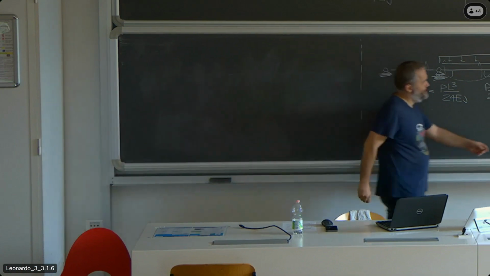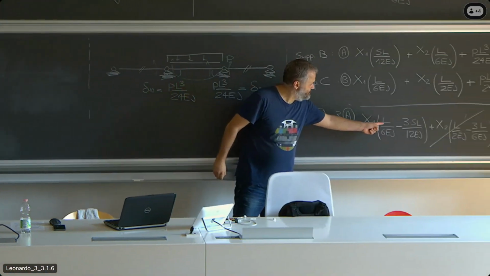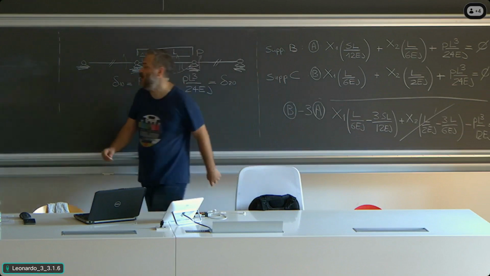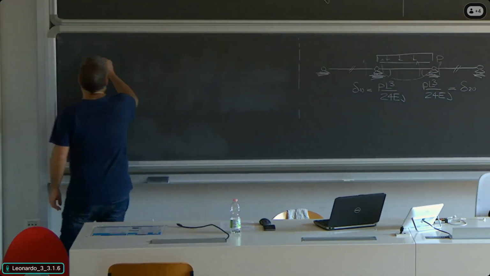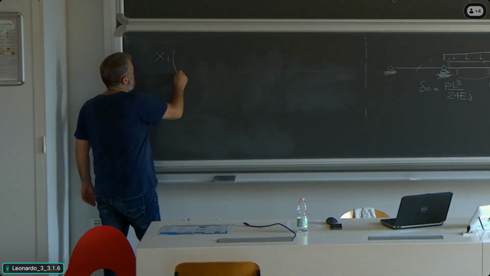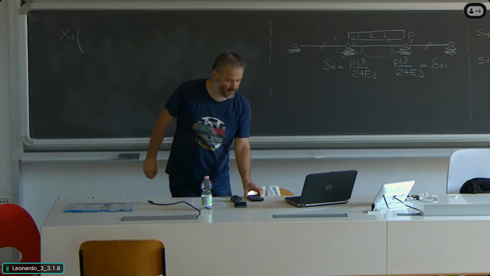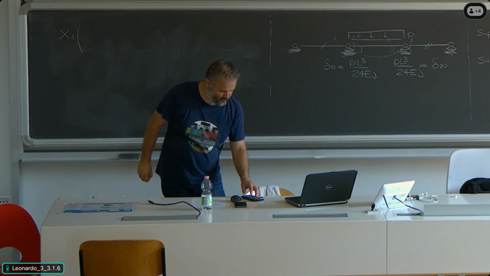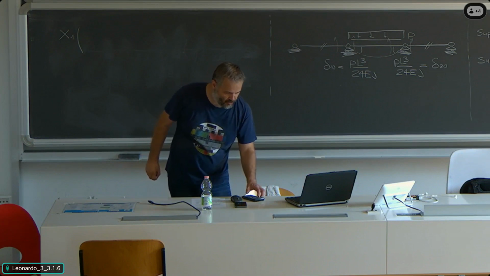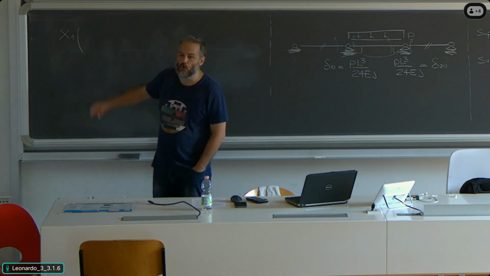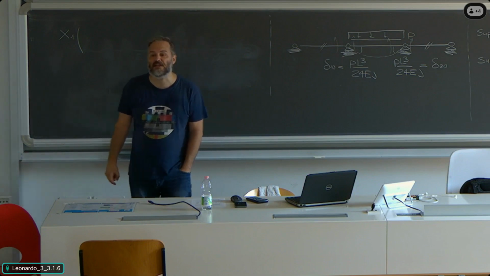Here is x1, and here I have 1 over 6 minus 15 over 12. If you do the math carefully, I do it with my calculator. It's 1 over 6 minus 15 over 12, or let me say, it's like 2 over 12 minus 15 over 12.